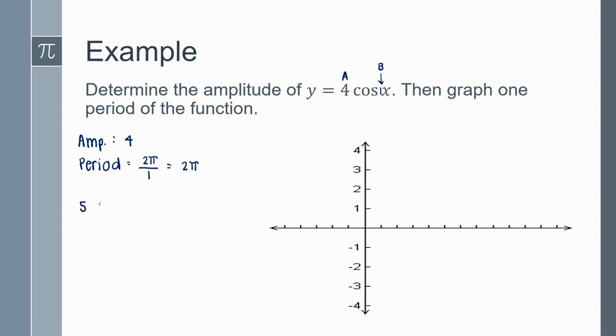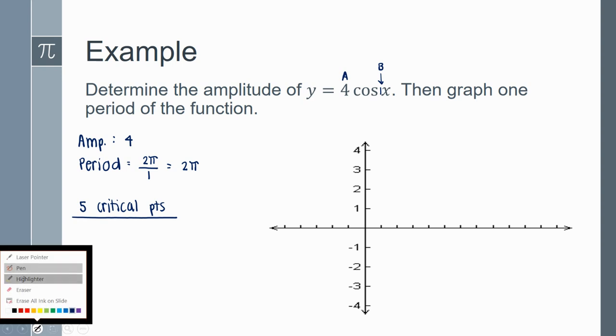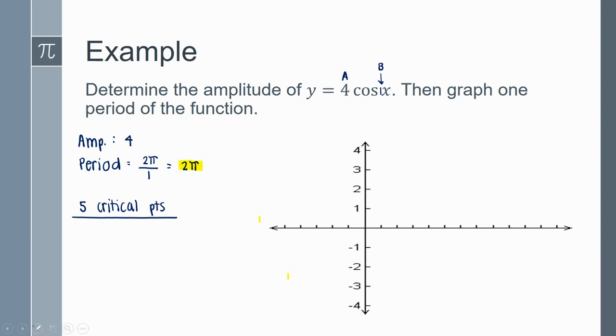We're going to use that information to find our 5 critical points, where once again I want to focus on my period being 2 pi. This time, remember, I start at 0, but not 0, 0. I start at 0, a. Since a itself is a positive 4, that means we're at 0, 4 to start us off.